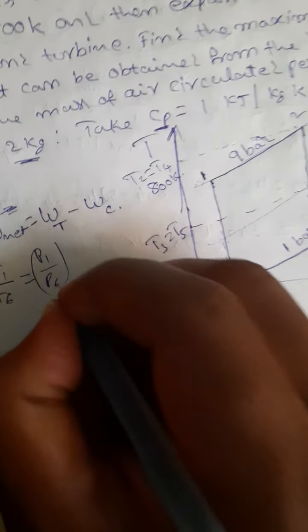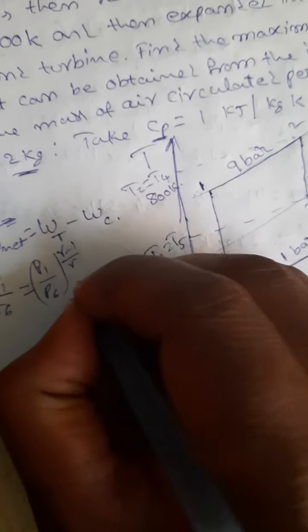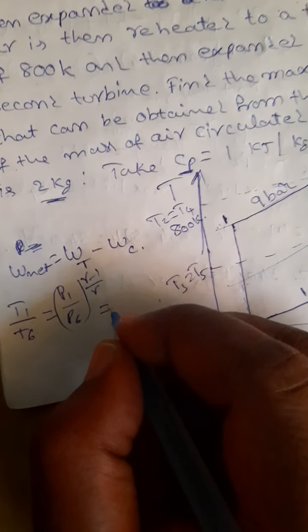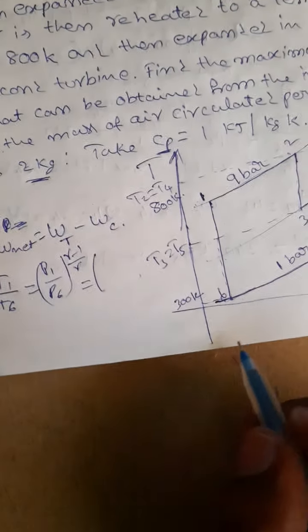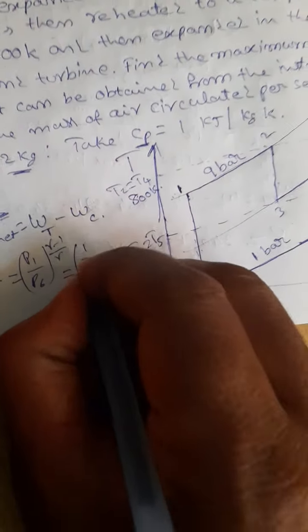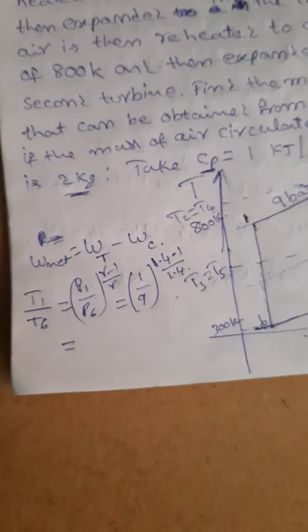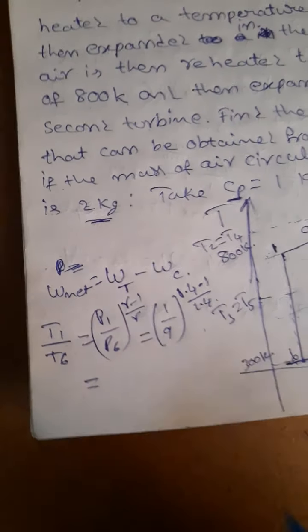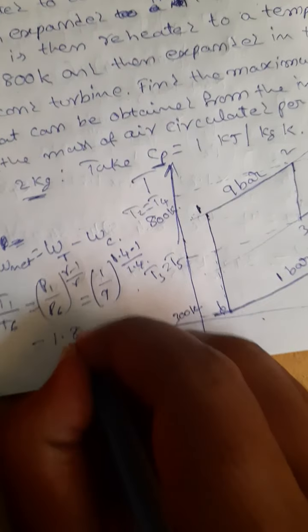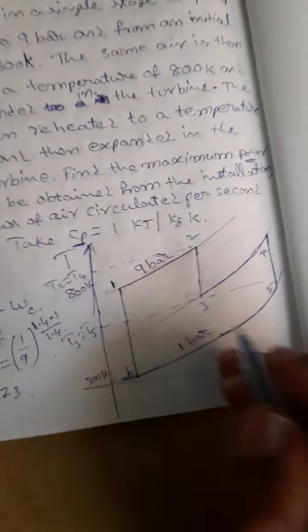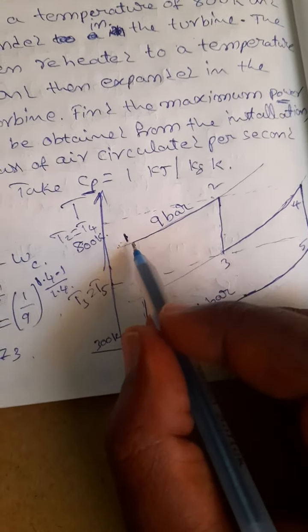T1 by T6 is equals to P1 by P6 whole to the power of gamma minus 1 by gamma. Here gamma value is 1.4. So P1 value is 1 bar. So 1 by 9 power of 1.4 minus 1 by 1.4, after calculator, is 1.873. We already know T6, we want T1.